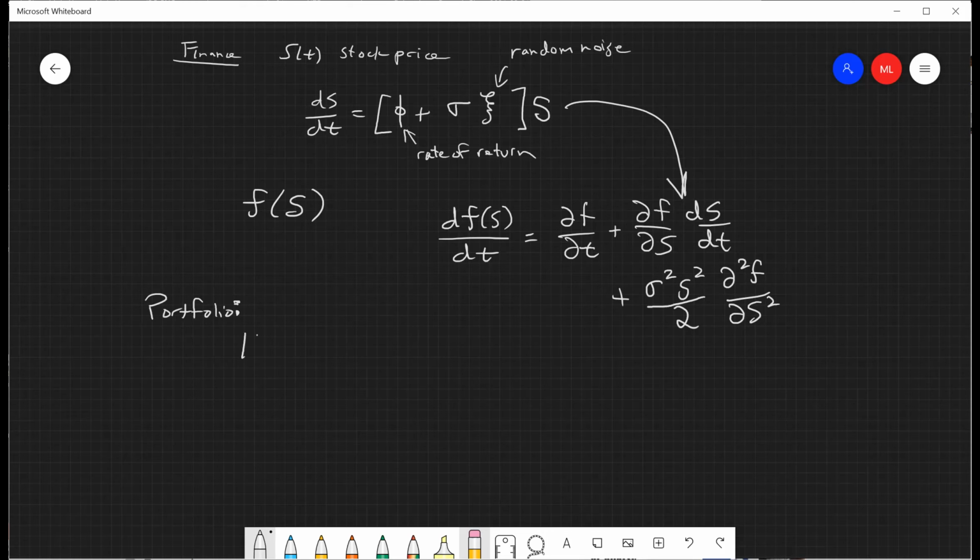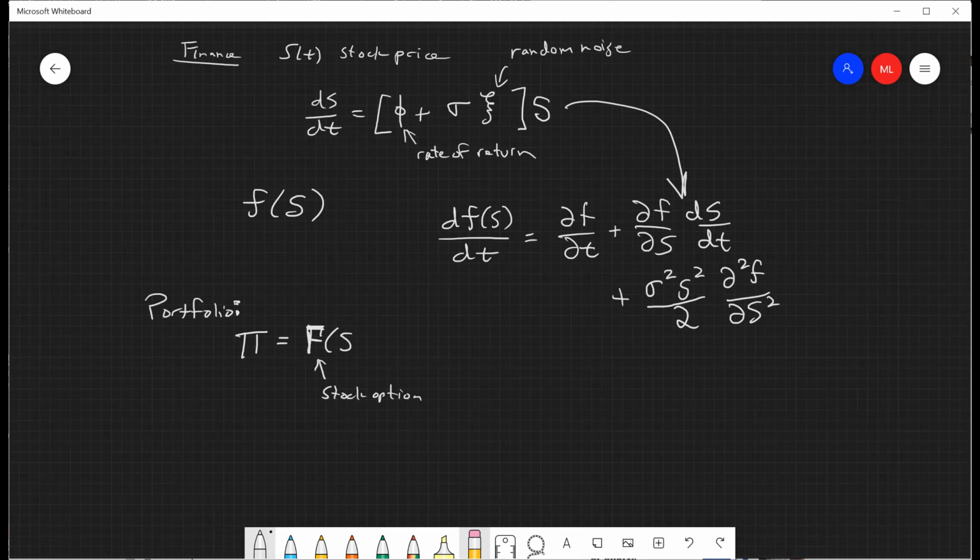So a portfolio is, we call it some function pi, and it's going to consist of a stock option, which I'll call big F here. It's called a stock option. Stock option is the option to either buy or sell the stock at some later time.